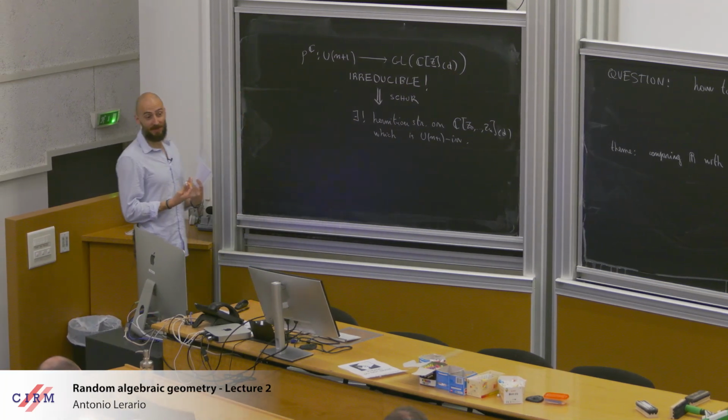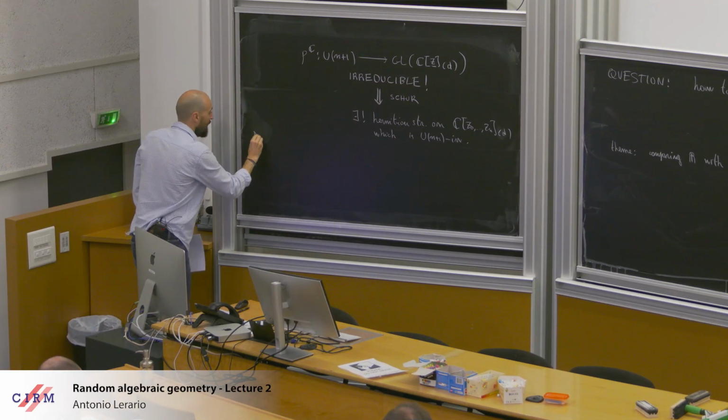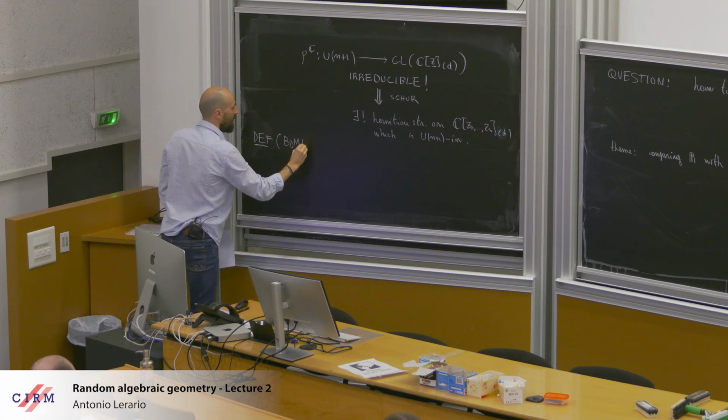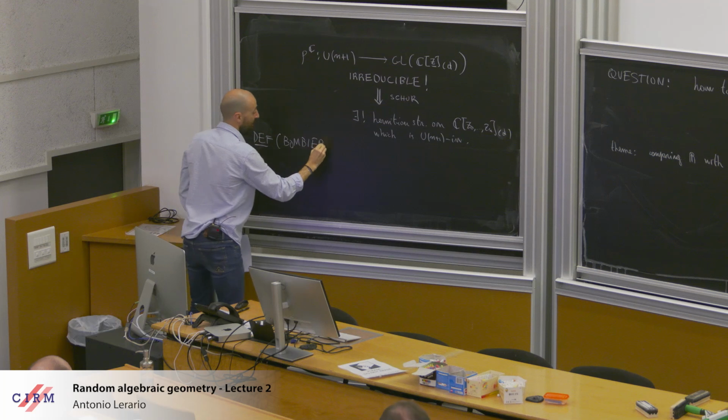And I'm going to tell you what this structure is. It's a definition. It's called the Bombieri-Weyl scalar product, or Hermitian structure.